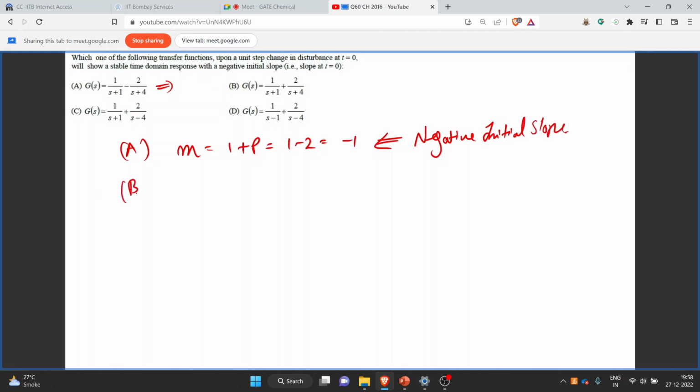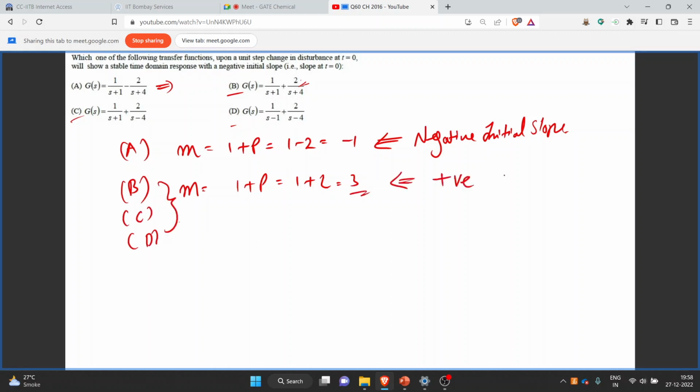Now let's verify for other cases. For b, c and d, we are having p equal to 2, so the slope in each of these cases will be 1 plus 2 equal to 3.